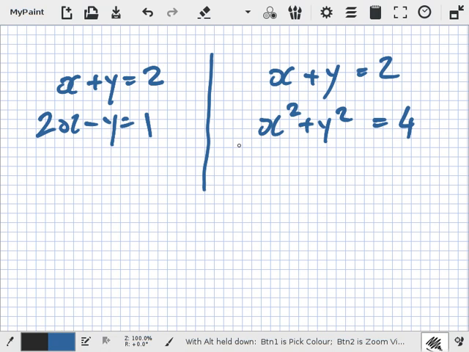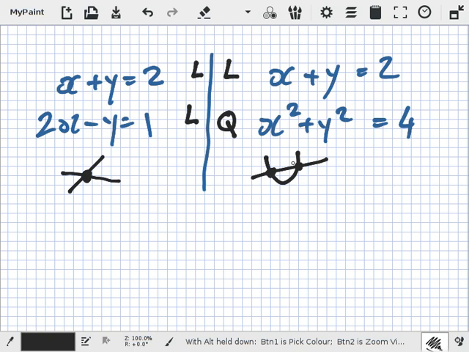This one here is linear and linear, and this one here is linear and quadratic. That means this probably has just one answer, but this one could actually have two answers.